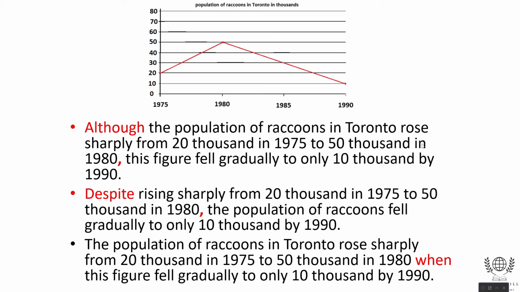It's important to put a comma between the first phrase and the second phrase. But when you're using when or other subordinations in the middle of a sentence, you do not put a comma. So when you use when to describe these trends, you do not put a comma before or after when. When is a subordination, it does not require a comma when you use it in the middle of a sentence.